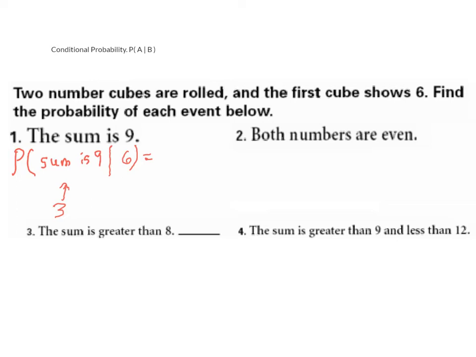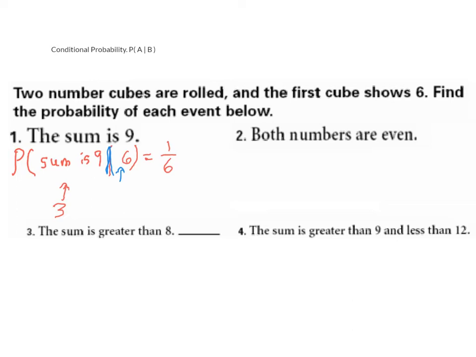There's only one 3 on the 6 faces, so it would be 1/6. So really the key thing is that this line means given, and this thing is what already happened, so it's not going to be part of our probability.